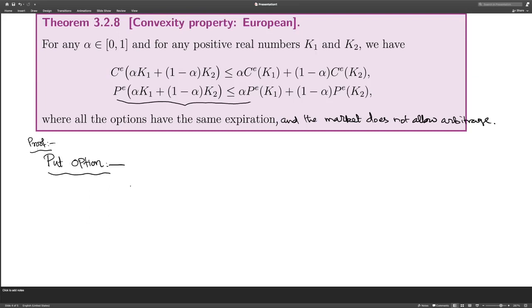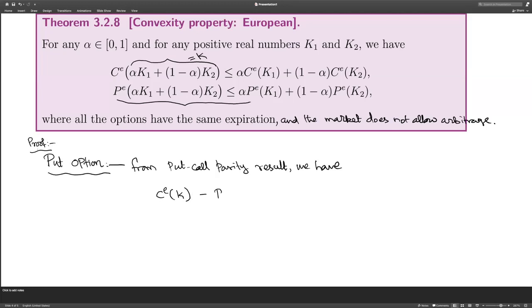Recall, from the put call parity result, we have CE of K. Remember, K is the convex combination of K1 and K2. We will be considering the put call parity relation for K strike options. So it's the call option premium minus the put option premium equal to S naught minus K e power minus RT. So this is what our put call parity relation says.